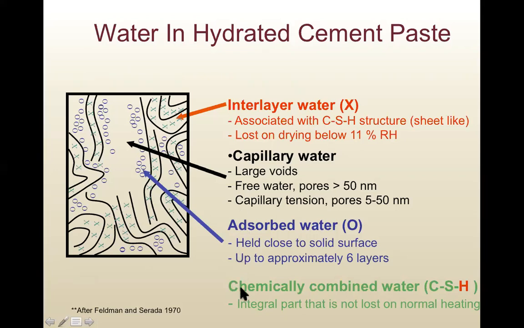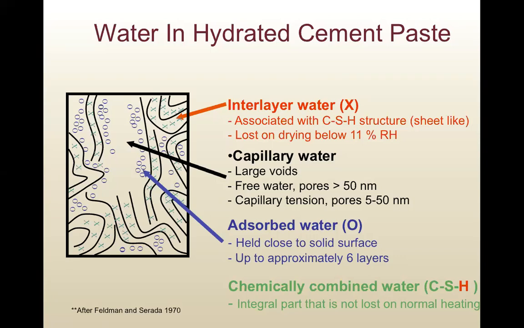The last water is called chemically combined water, or the water here, the red H in CSH here. So chemically combined water is very hard to lose, almost impossible unless you burn the concrete. Normal heating or drying will not cause chemically combined water to be lost.